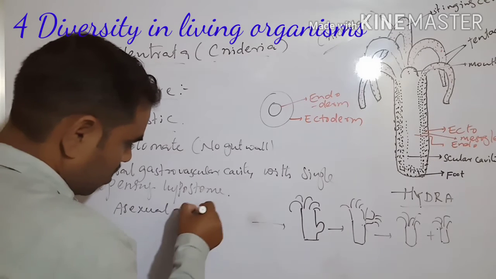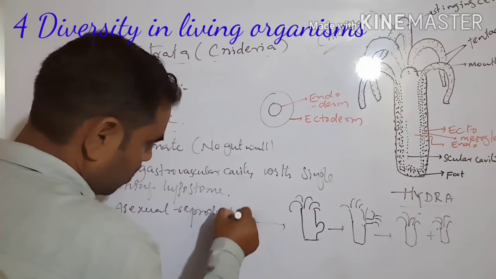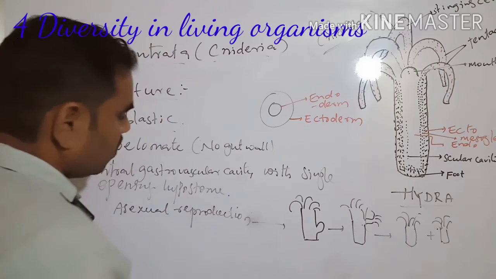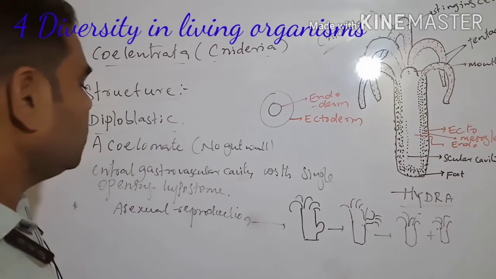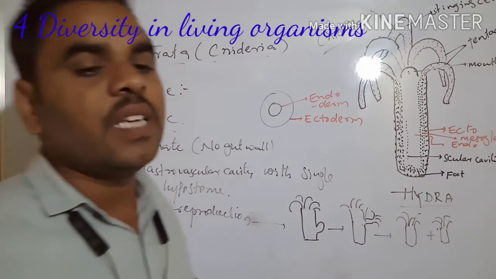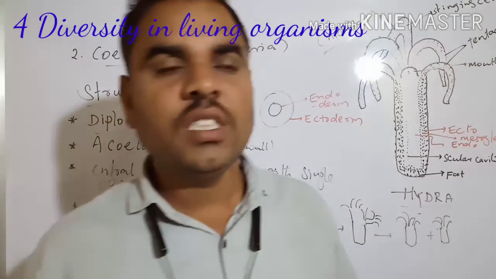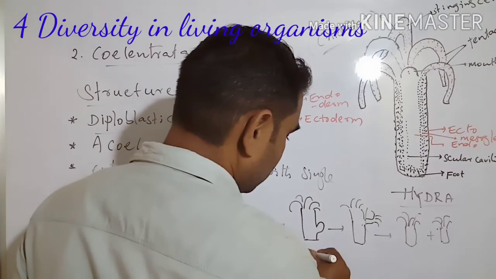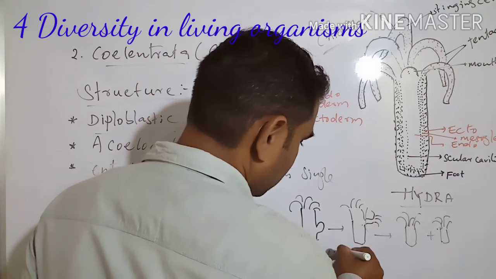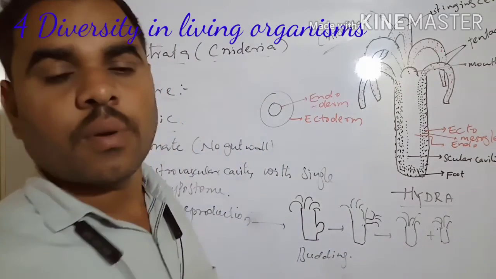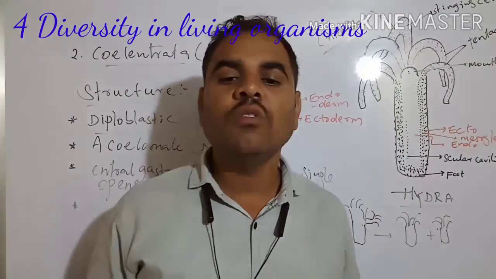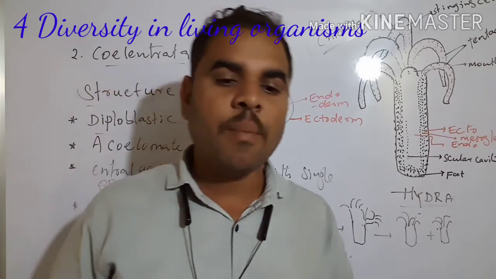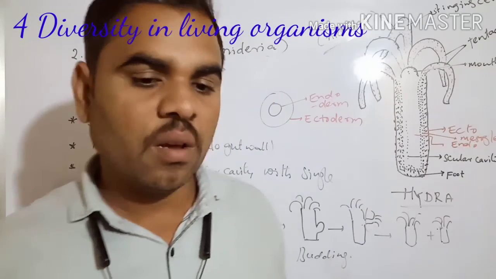Asexual reproduction. So asexual reproduction occurs in Coelenterata, and this process is budding. Next, we have to see the sexual reproduction, where gametes are formed by the medusa.